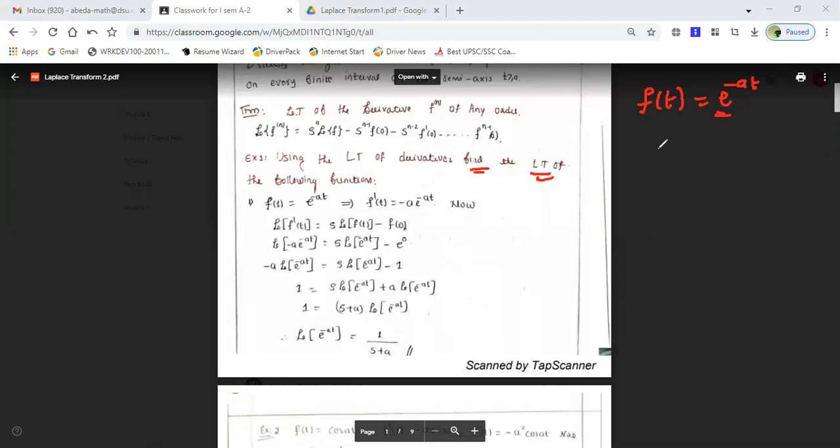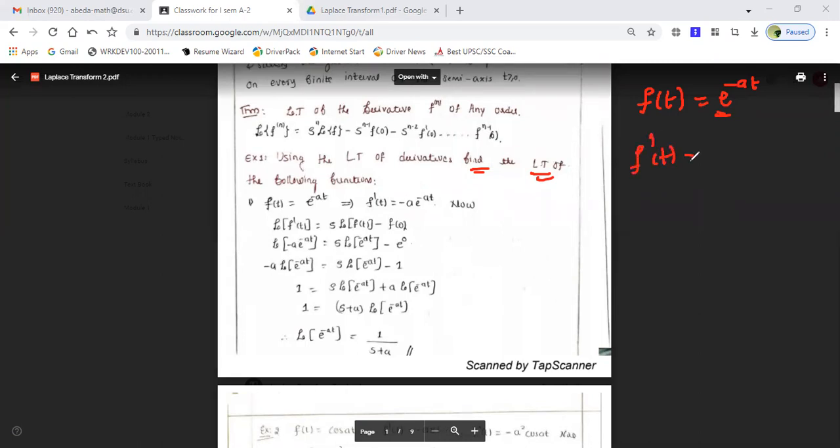Using the derivative method, I will show you those examples in the next examples, how we will be utilizing it. First we will use simple examples to understand the technique. So f of t is e to the power minus at. Since it is a derivative method, I need f dash.